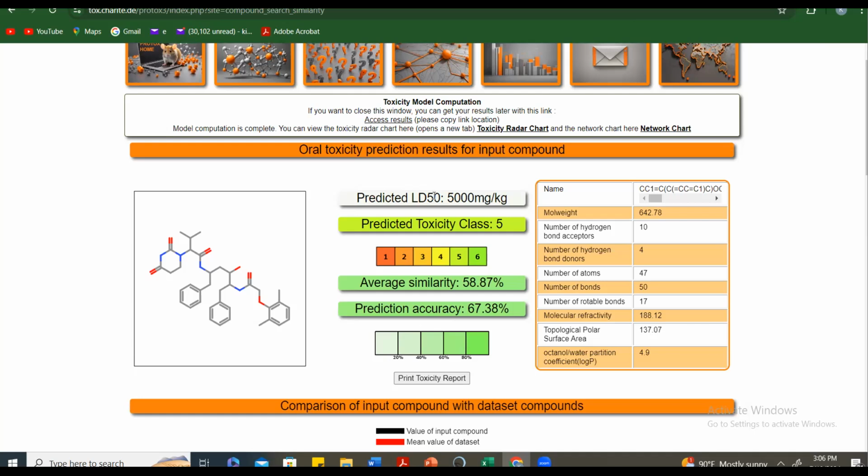The higher the LD50 dose, the safer it is. But you also have to consider the units. This is 50 milligrams per kilogram, which to me is still low. But that's not where we are going.